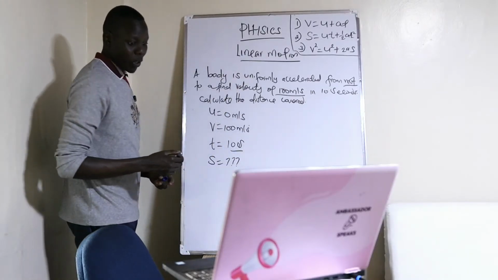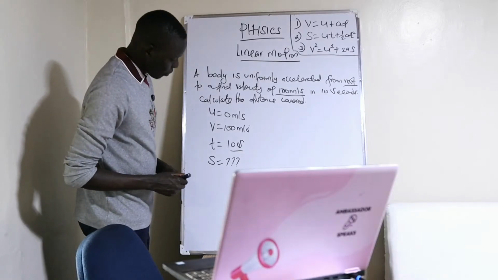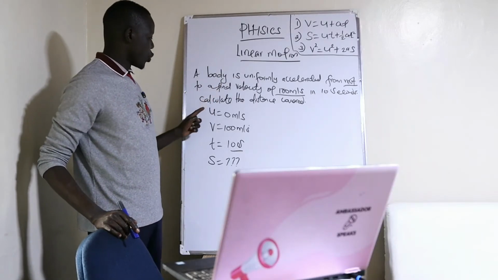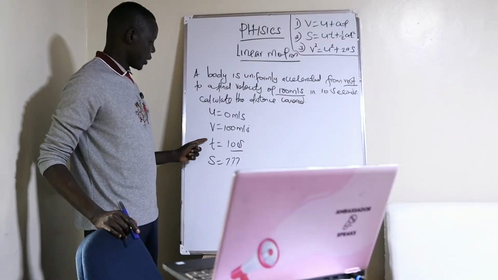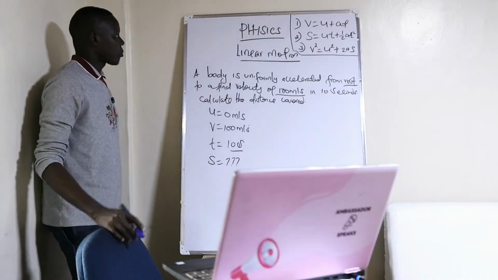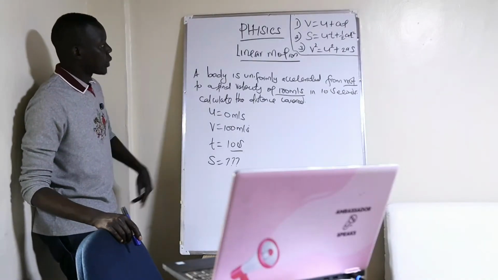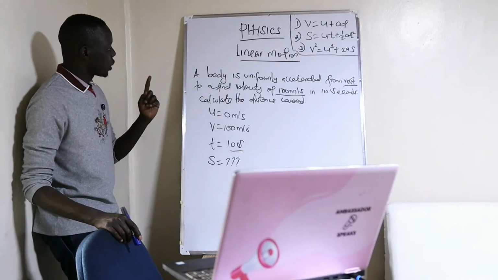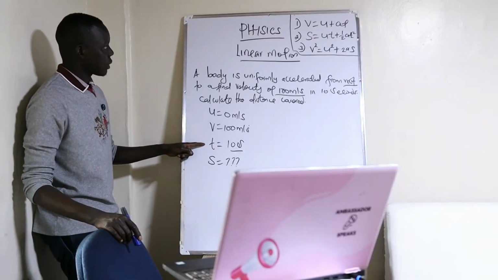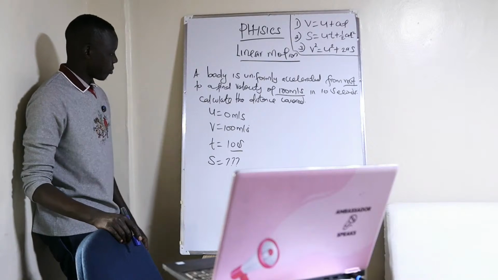Now from our three equations there, we look for an equation that has u, v, t, and of course s. We remove the first one. The second one: do we have ut? Yes, plus half at squared.